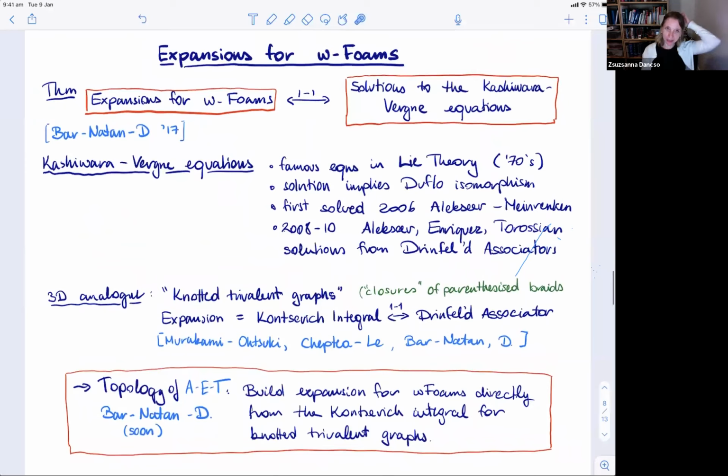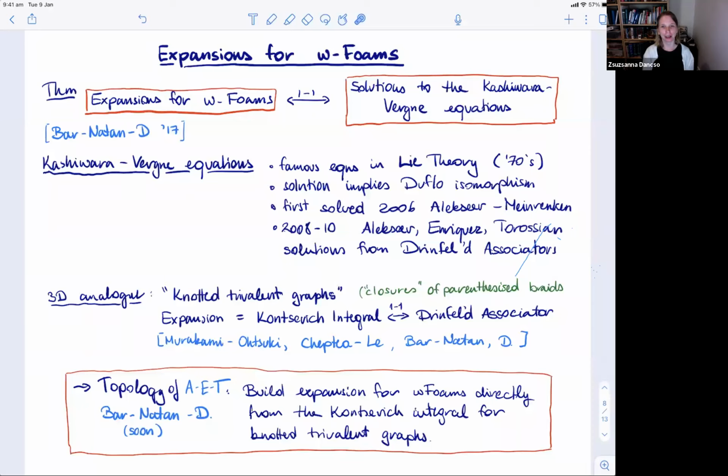And it turns out that expansions for welded foams do have an interesting theory and is deeply related to Lie theory. This is by Dror Bar-Natan and myself, published in 2017, but done earlier.